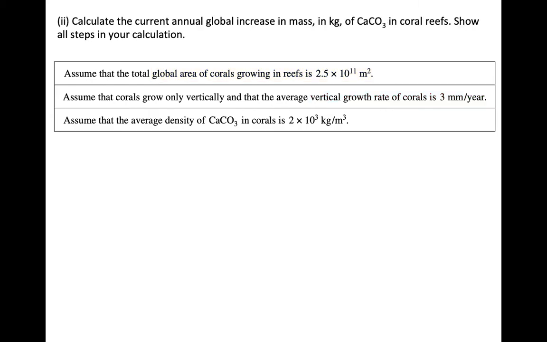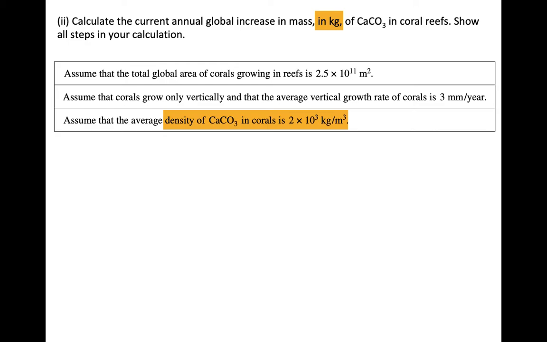Moving on to part 2, we want to calculate the current annual global increase in mass in kilograms of CaCO3 in coral reefs. Show all steps in your calculation. And so what we want to focus on is, what are we given, right? What information are we given in the question?